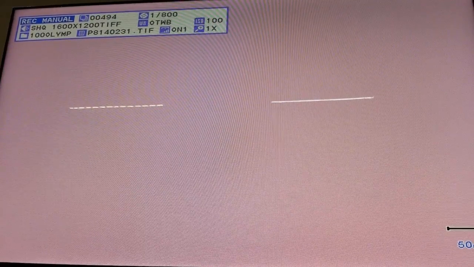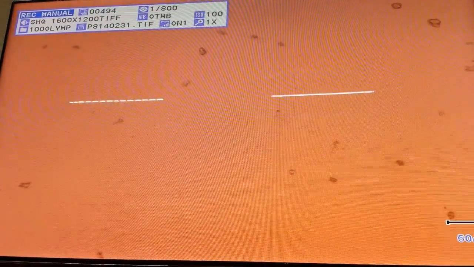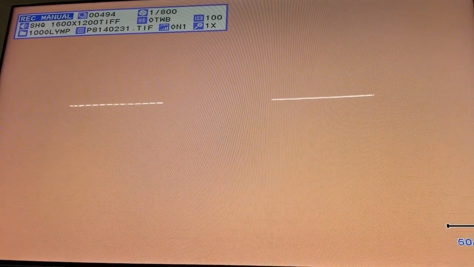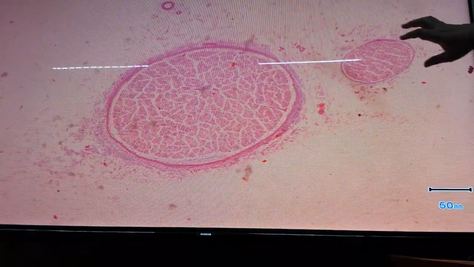Okay, next we go to the nerve bundles. For the nerve bundles, let's start first with the coverings. So we have connective tissue covering for the nerves.